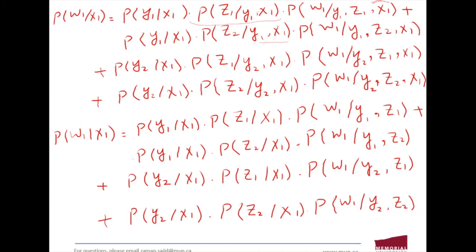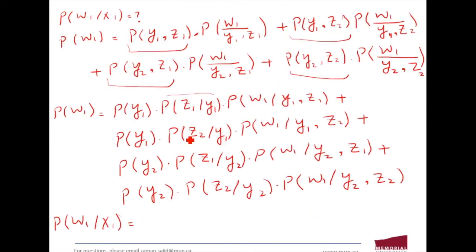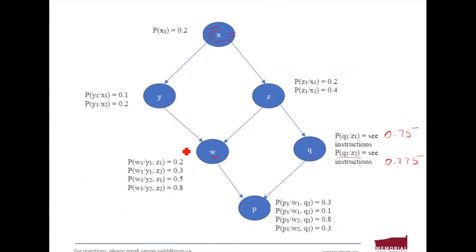In the next step, we just need to plug in our values. So I will go on the next slide here. So the probability of W1 given that X1 is equals to, the first term is Y1, the probability of the Y1 given that X1. We go back to our network. So this value is 0.1.